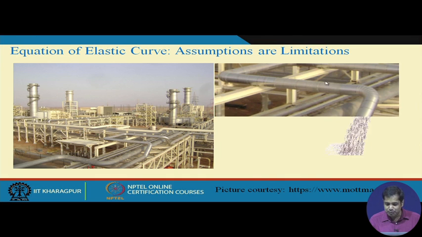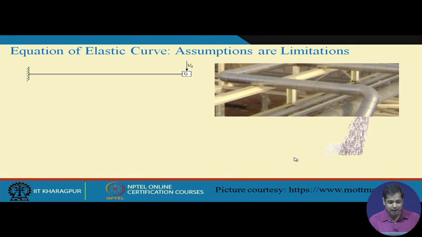So this can be treated as a beam which is subjected to a force by this water jet, the reaction from the water jet coming from this fluid. So this is the problem, and the idealization of this problem is this. This can be treated as a cantilever beam which is subjected to some force like this.